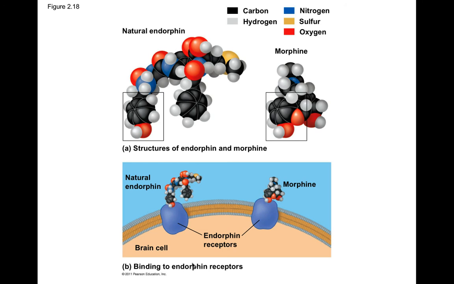So your natural endorphin and morphine both work in a very similar way because of their complementary shape to the endorphin receptor.